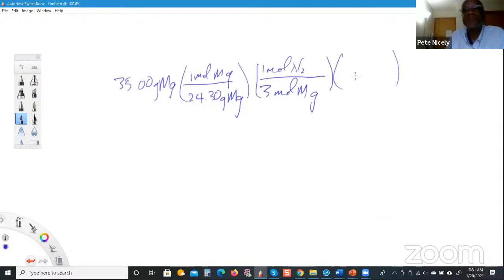And then the next step would be to convert the moles of nitrogen to grams. So you're gonna have 1 mole of nitrogen down here, and then the molar mass of nitrogen, which is 28.02 grams of N2, all right?